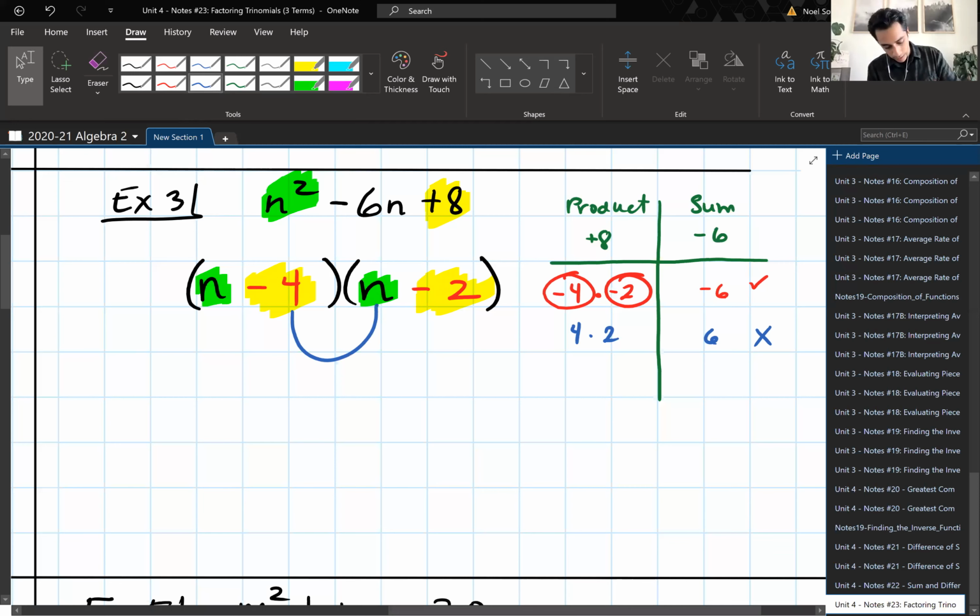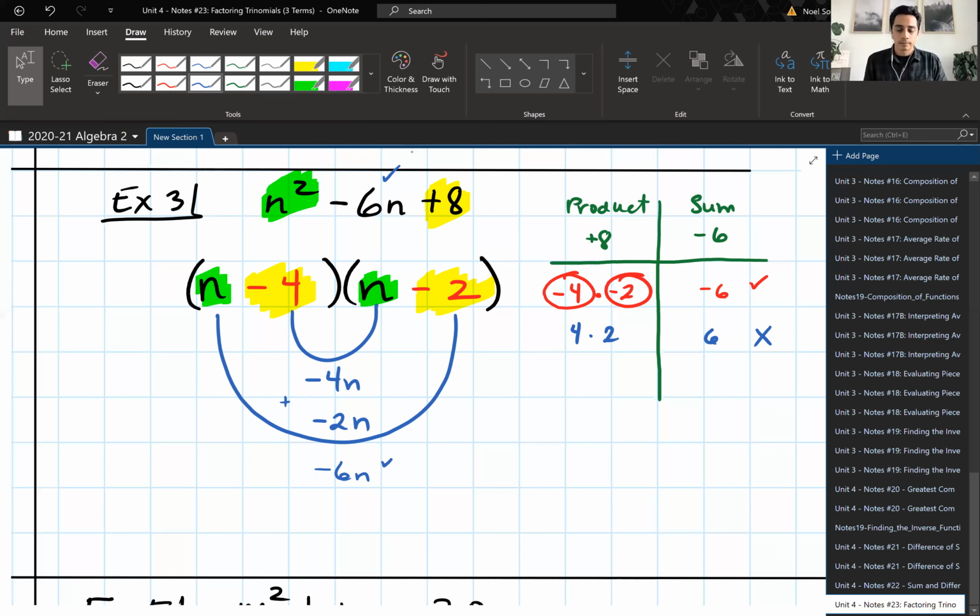So negative 4 times n, negative 4n. Negative 2 times n, negative 2n. Add them up. Negative 4n plus negative 2n, negative 6n. That checks out. Okay, any questions there?